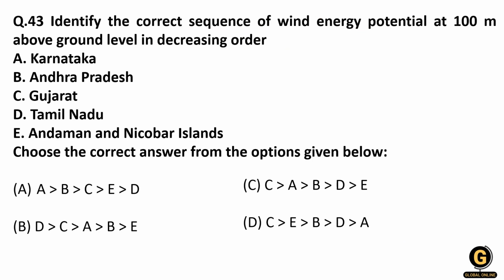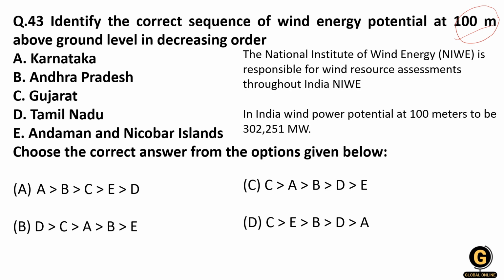Identify the correct sequence of the wind energy potential at 100-meter above the ground level in a decreasing order. So they have asked which state has the highest potential of the wind energy above the 100-meter level. So students, the institute which measures this potential is National Institute of Wind Energy, that is NIWE.